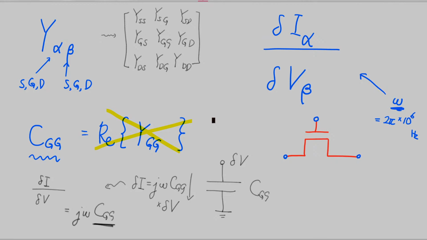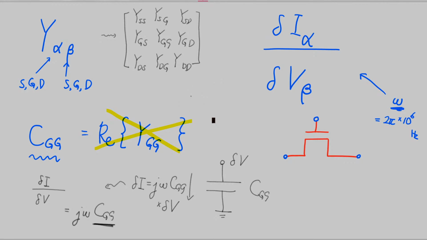Simply, you take your YGG, divide by j omega, and take its real part. Or sometimes, instead of taking the real part, you just take the imaginary part of minus that. That can also be the way you calculate this number.